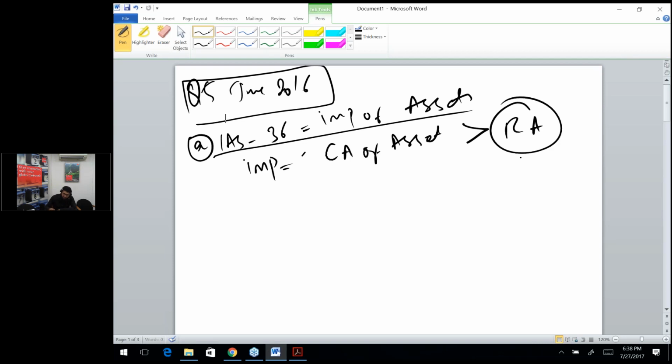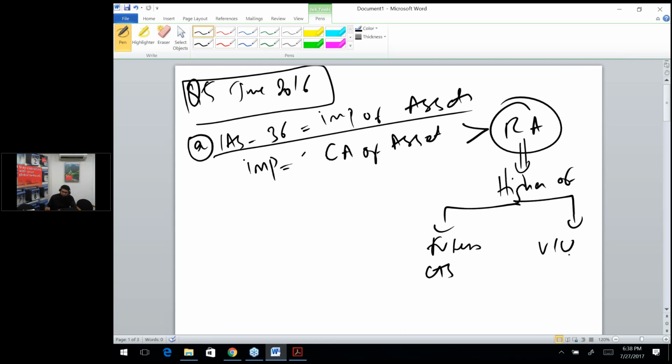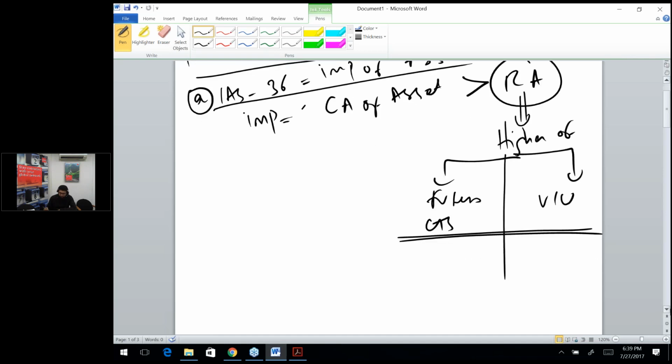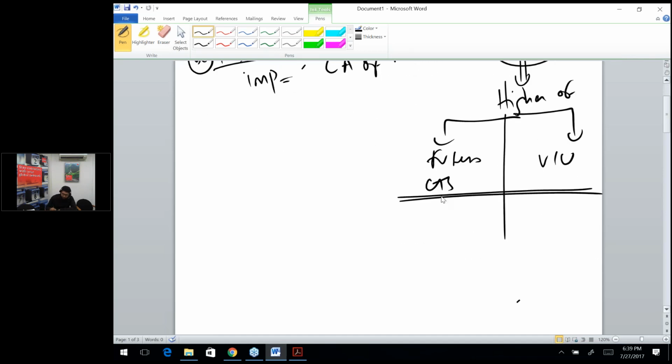And what exactly is the recoverable amount? The recoverable amount is the higher of fair value less cost to sell and value in use. Now, how do we get this recoverable amount? What exactly is fair value less cost to sell, and what exactly is value in use?